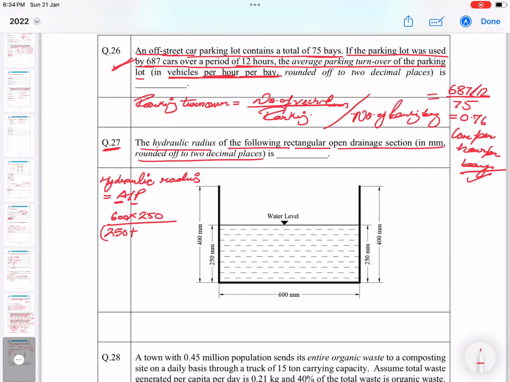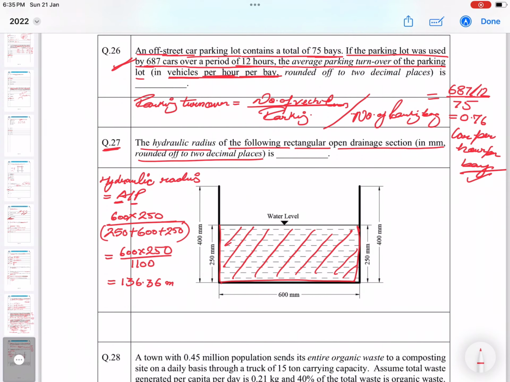The wetted perimeter is 250 plus 600 plus 250. So it will give us 600 into 250 upon 1100, which gives us 136.36 mm.